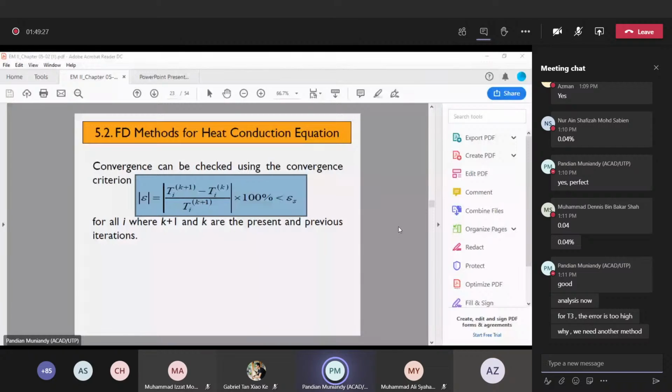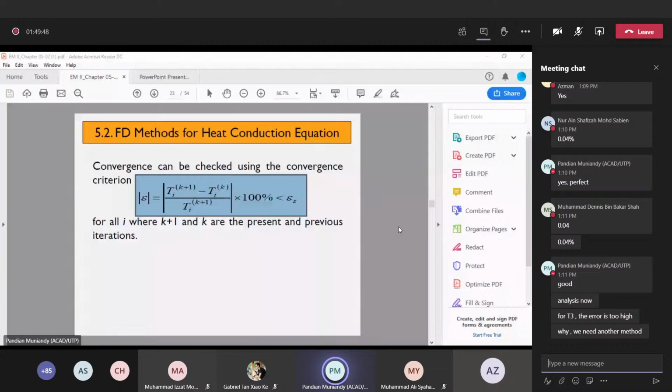But Gauss-Seidel also has a problem because of the initial guess.